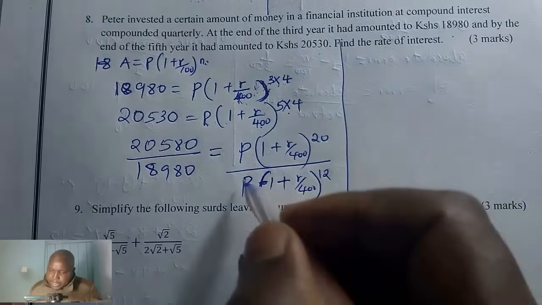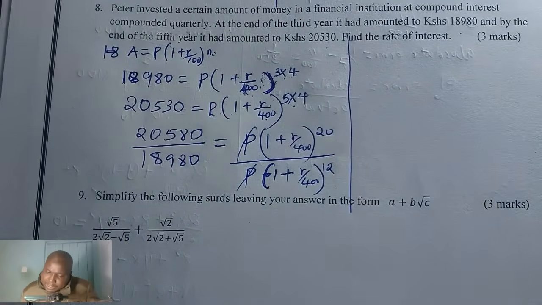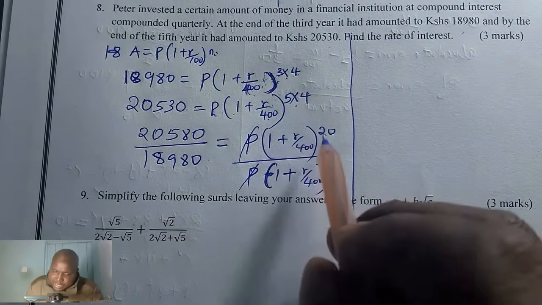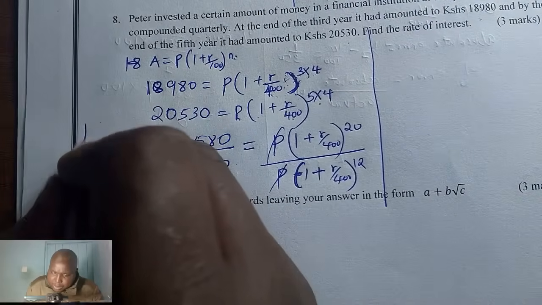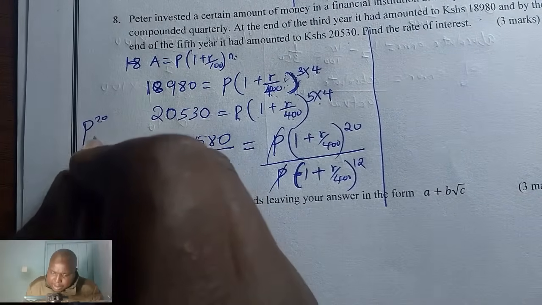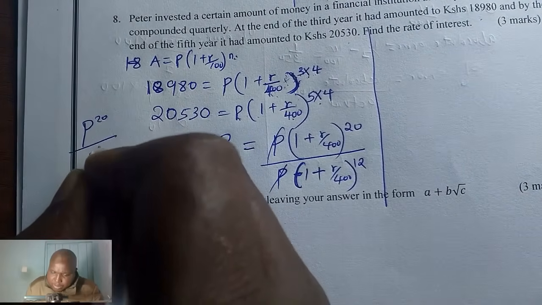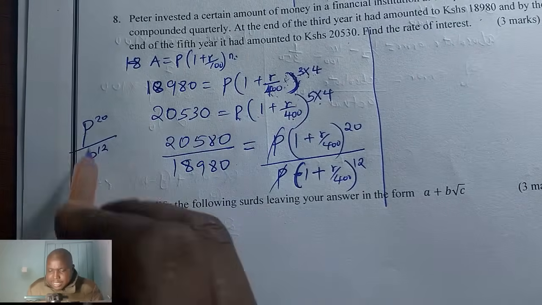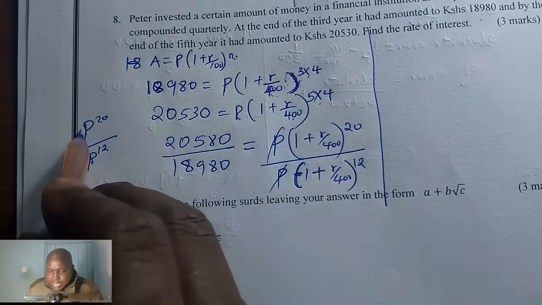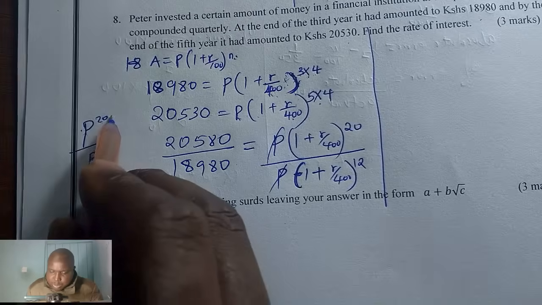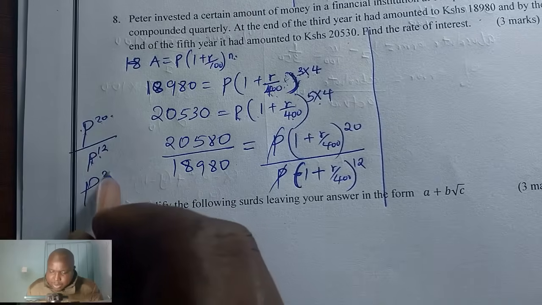So principal and principal cancel out. But now you remember from indices, if we have p raised to power 20 divided by p raised to power 12, the base is the same, we are dividing, we need to subtract. So we take this 20 minus 12.